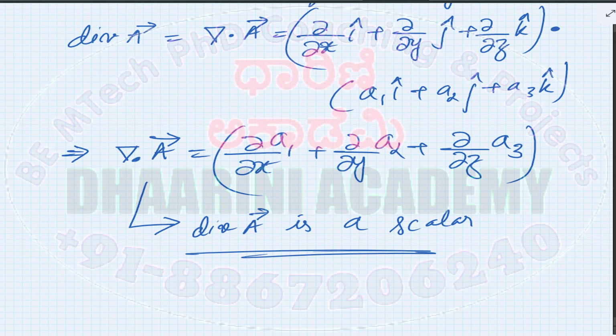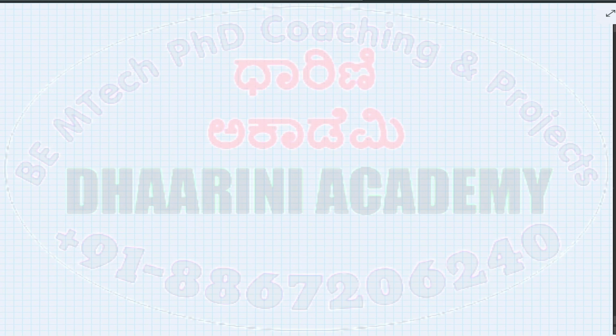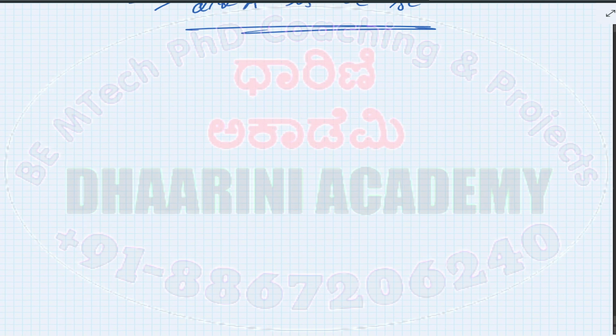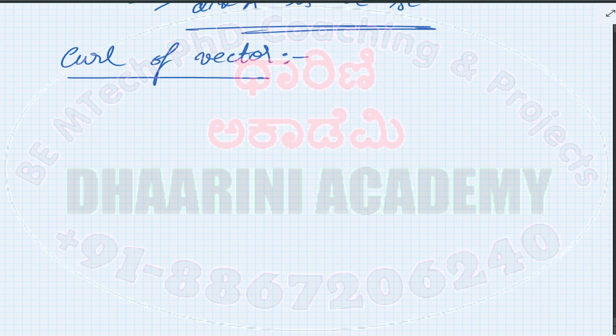Then the third important operator which can be applied to vectors is called the curl of any given vector. This is the third operator. So how do you denote that?